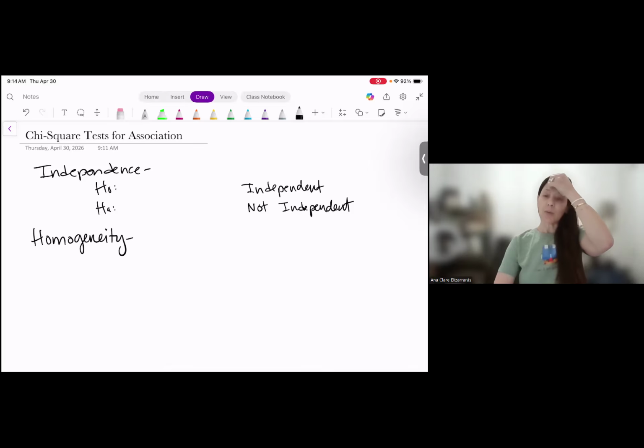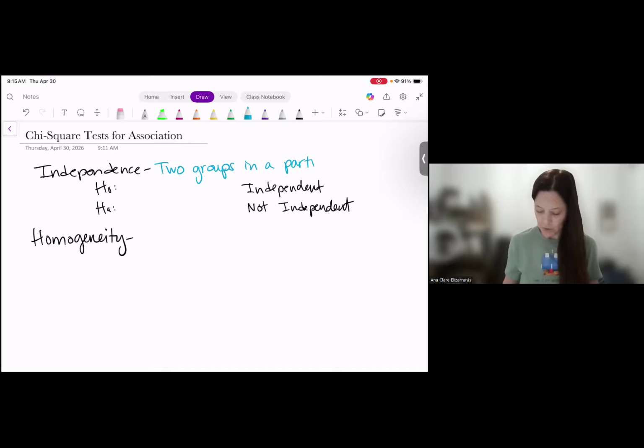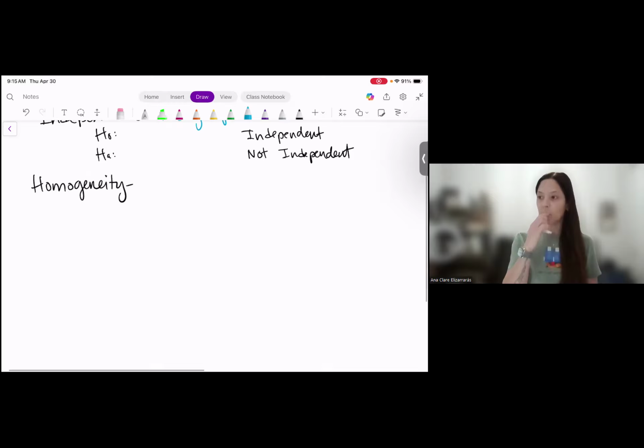But when you're trying to talk about whether you have independence or homogeneity, what is a situation that would be independence? So independence is typically two groups within a particular population, whereas homogeneity is one variable across multiple populations.